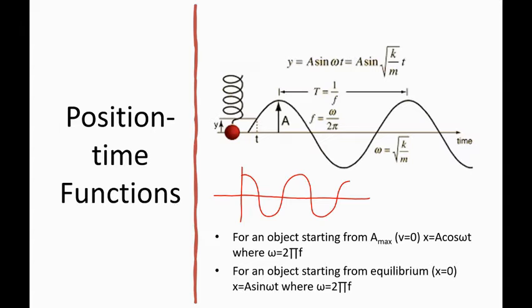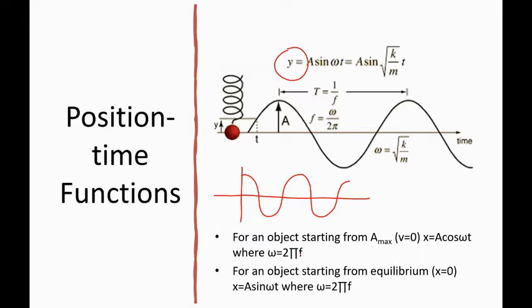And those ones are the easier ones to deal with. When you look at your equation, x being your displacement, which is really what I've labeled as y here, x is equal to your amplitude times cosine omega t, where omega is equal to 2 pi times frequency.